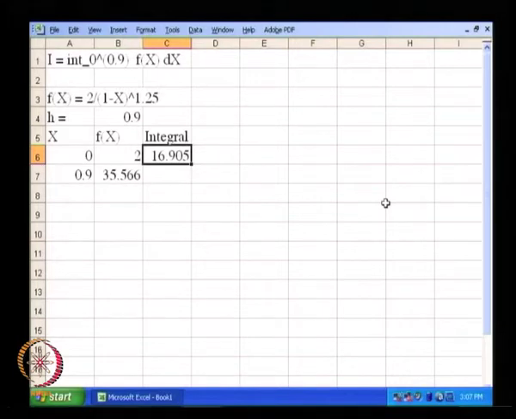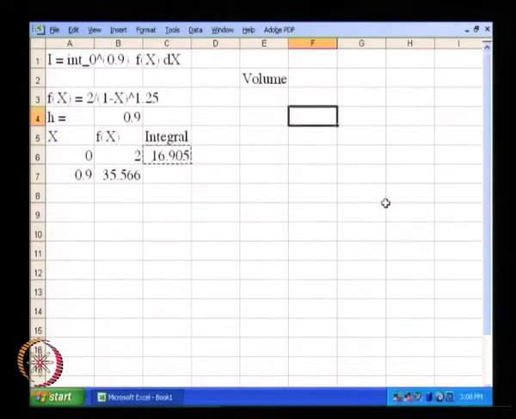So the volume of the reactor that is required, obtained from the application of the trapezoidal rule only once, is going to be 16.9. Instead of that, if we were to apply the trapezoidal rule twice, we will get a better value of the integral. So what I will do is volume required, and I will write down the values from the trapezoidal rule, then the Simpson's 1/3 rule and the Simpson's 3/8 rule.